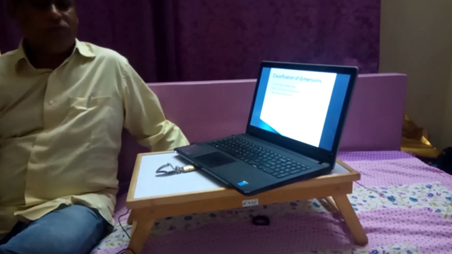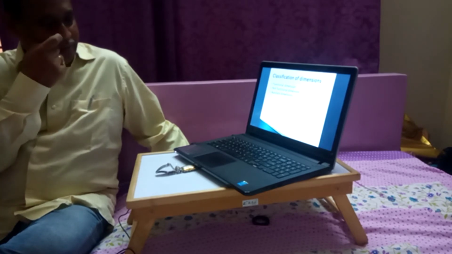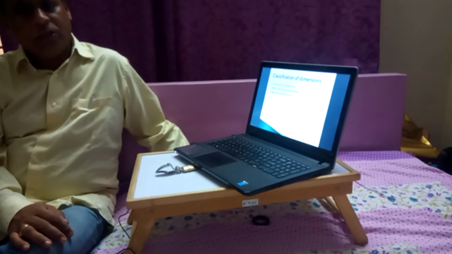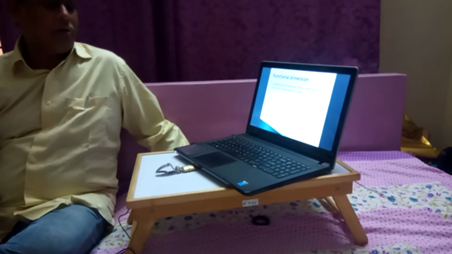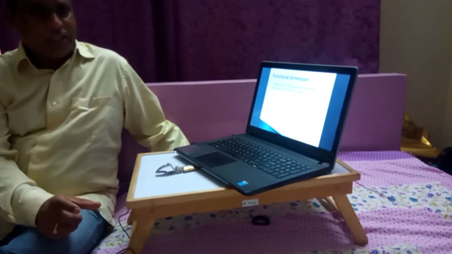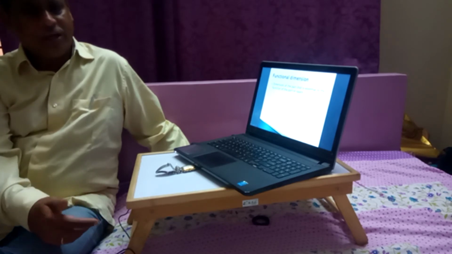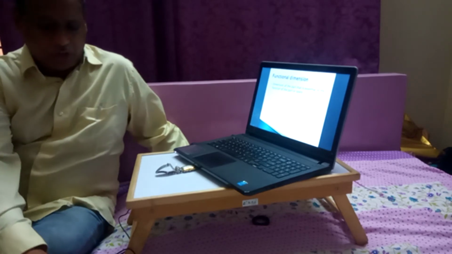Classification of dimensions. These dimensions are of three types: functional dimensions, non-functional dimensions, and auxiliary dimensions. Functional dimensions are important dimensions that are essential to the part or space of the drawing. These are necessary for a drawing.